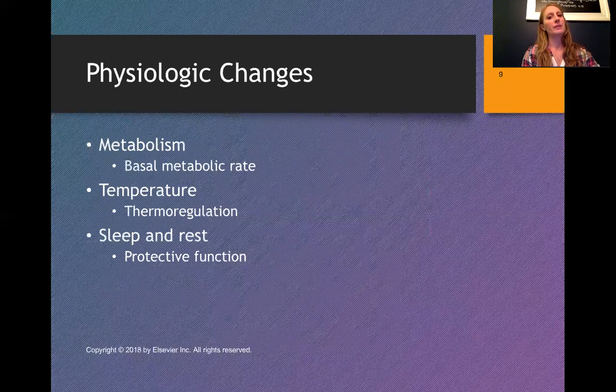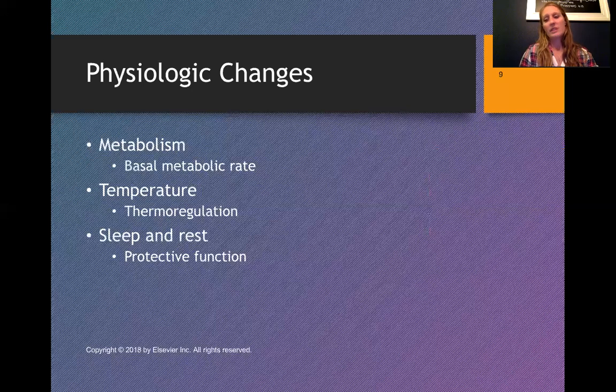And then sleep and rest. We all know how important sleep and rest is. Good luck with that in nursing school, right? But we want to promote sleep as much as possible, and talk to our parents about the importance of making sure their kids are able to get enough sleep. Infants are going to sleep significantly more than children, and sleep cycles vary from stage to stage.